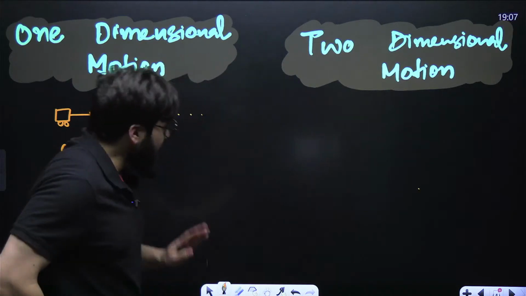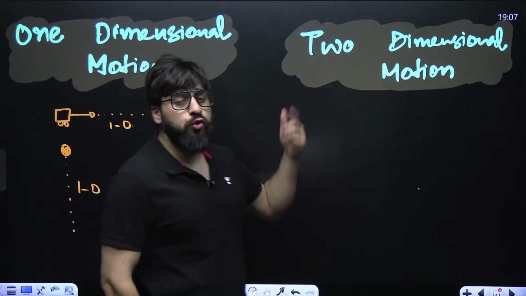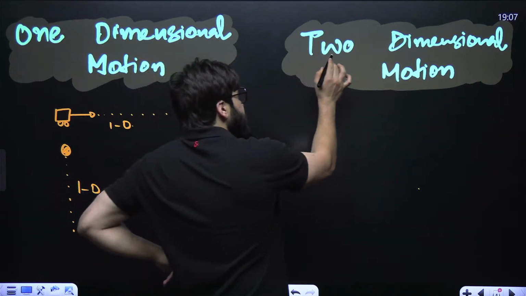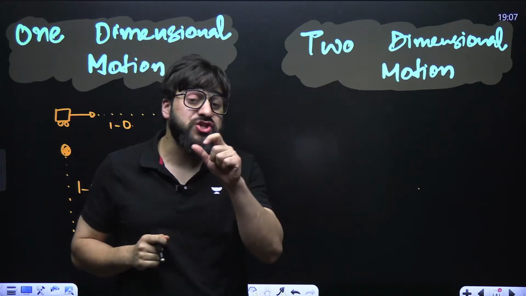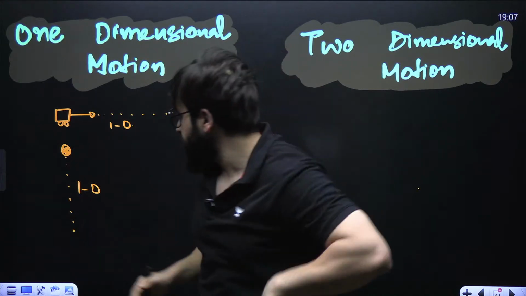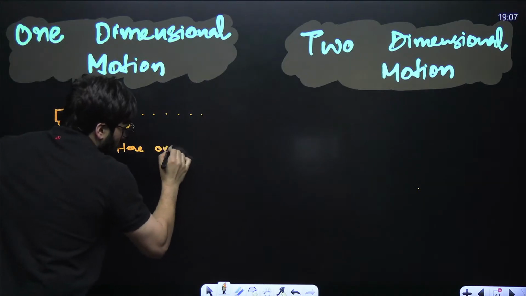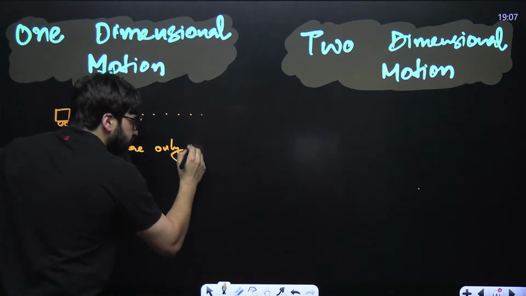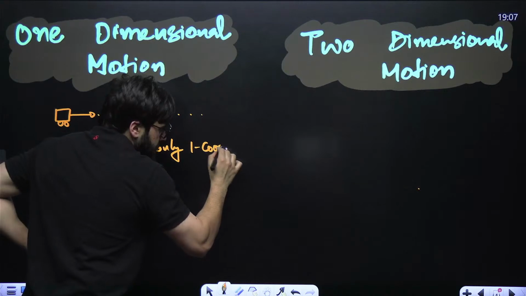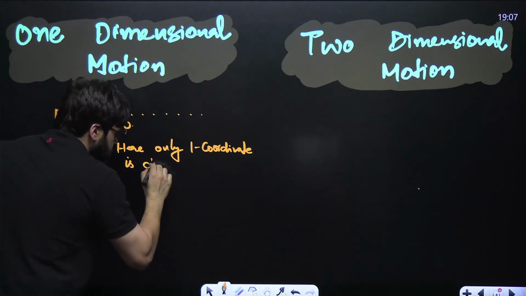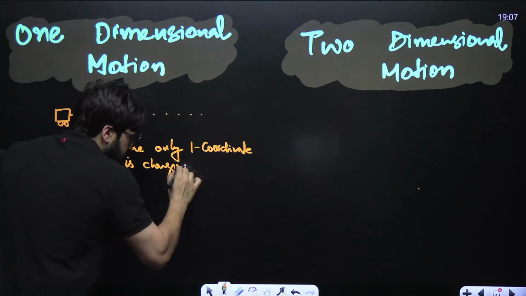Now guys, let's talk about two-dimensional motion. Sir, what is two-dimensional motion? In one-dimensional motion, only one coordinate is changing.